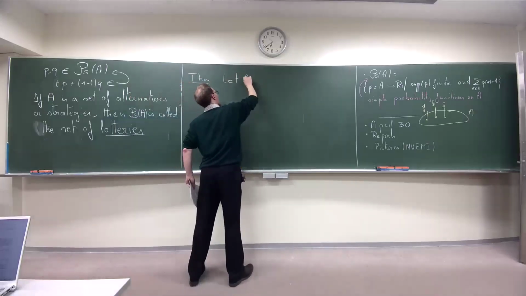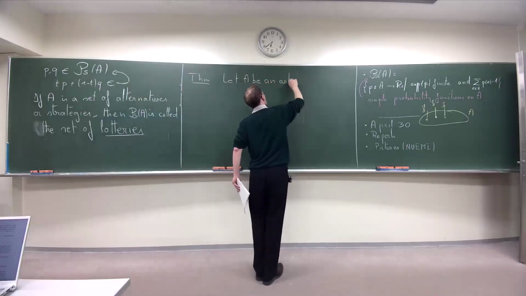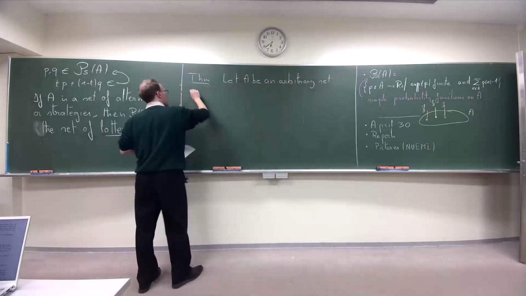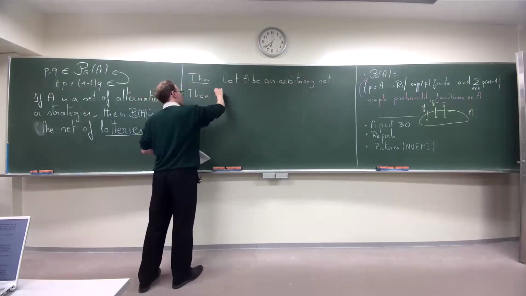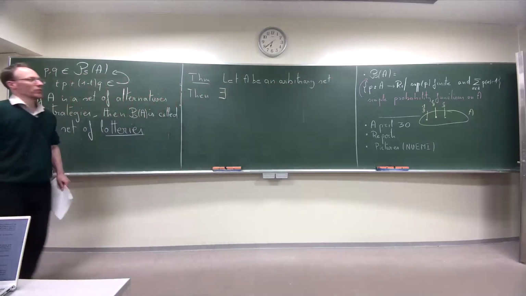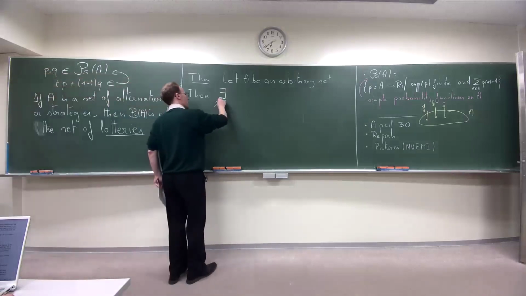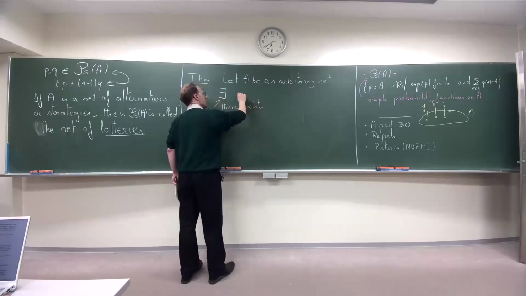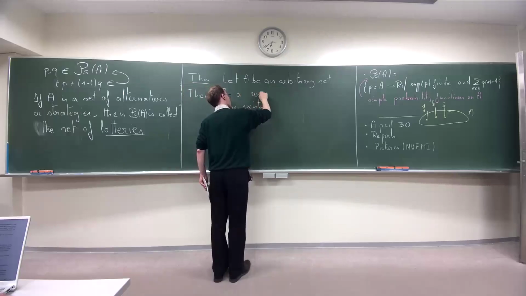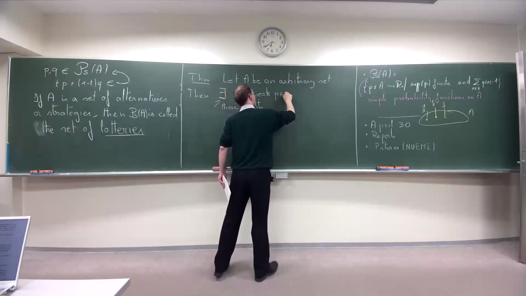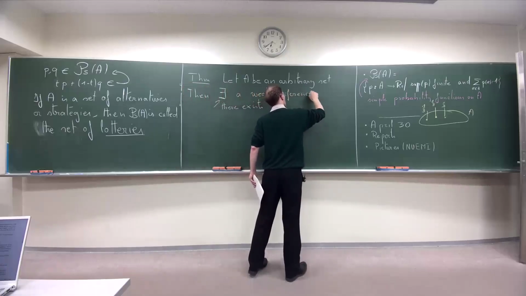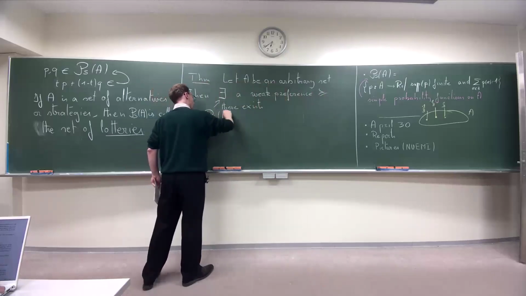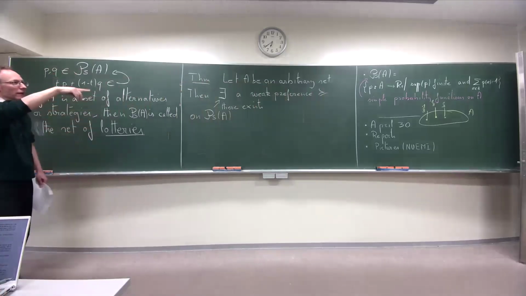Let A be an arbitrary set. Then there exists a weak preference, I will denote it like this, on the set PS of A. It's not so simple because we are dealing with a set of functions.